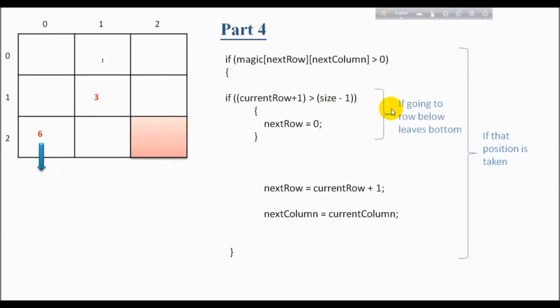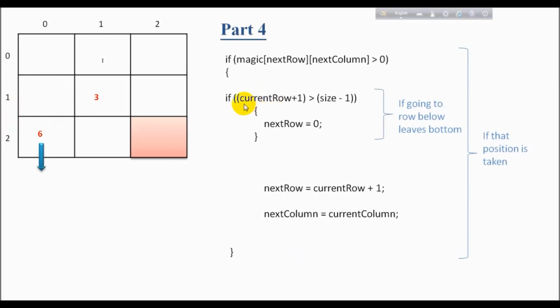So this is the code for handling that situation. If going to the row below leaves the bottom, then this code will execute. When we are going one row below from our current row, we are simply increasing our current row number by 1.